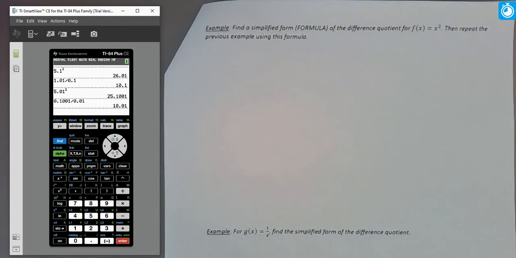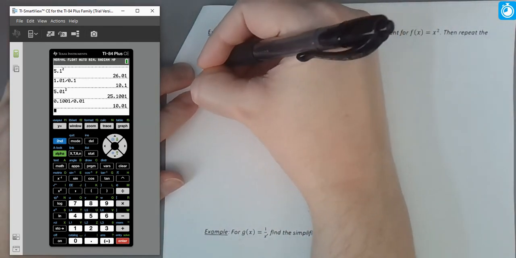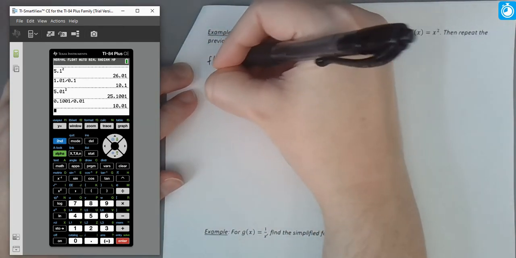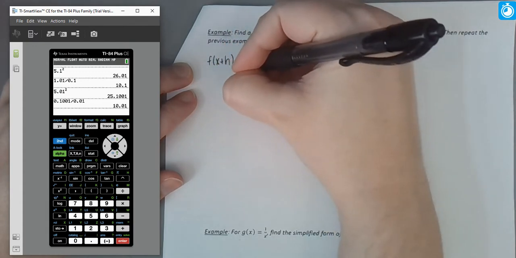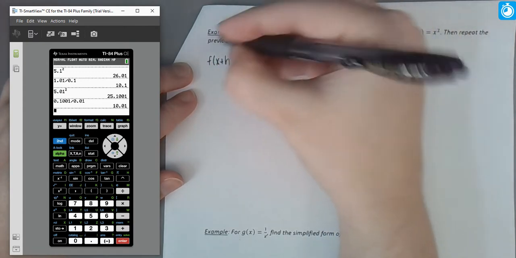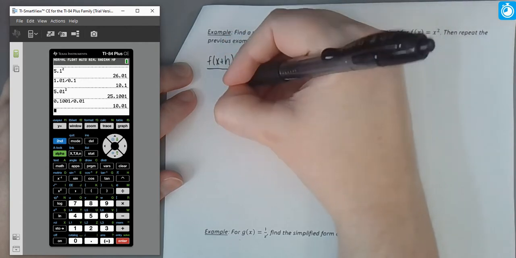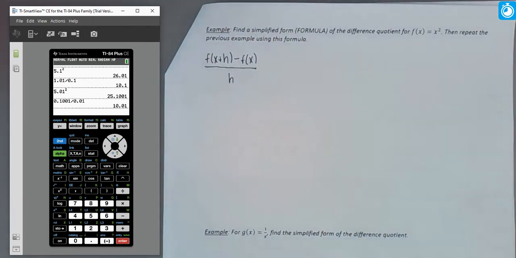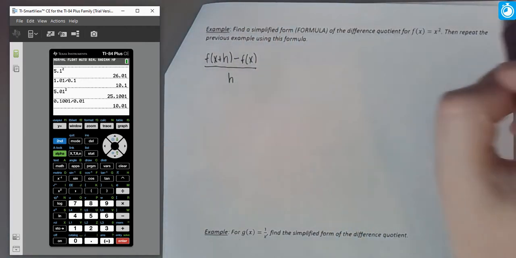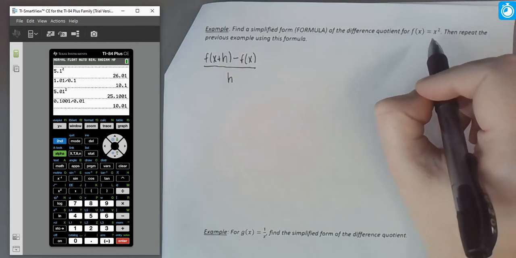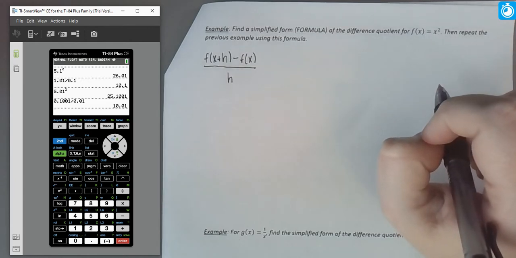So I'm going to start by writing down the actual expression for the difference quotient. So f of x plus h minus f of x divided by h. And then we are evaluating this particular expression if our function f of x is defined as x squared.